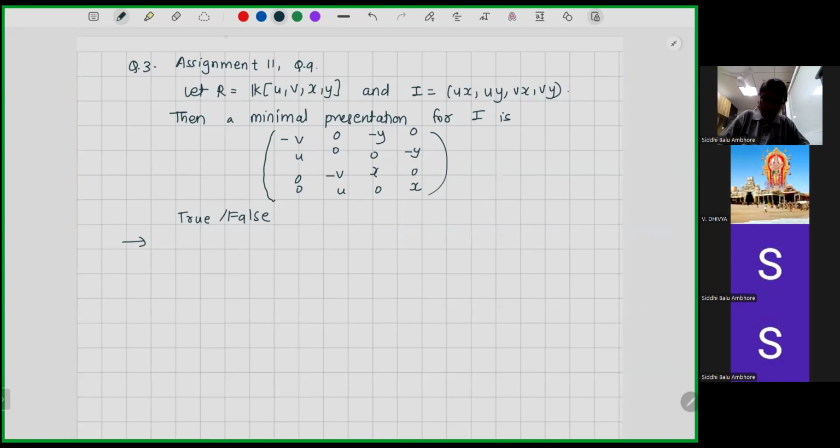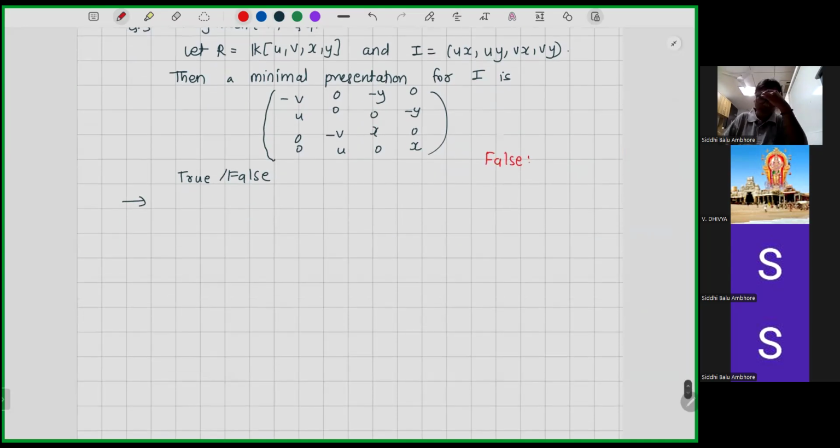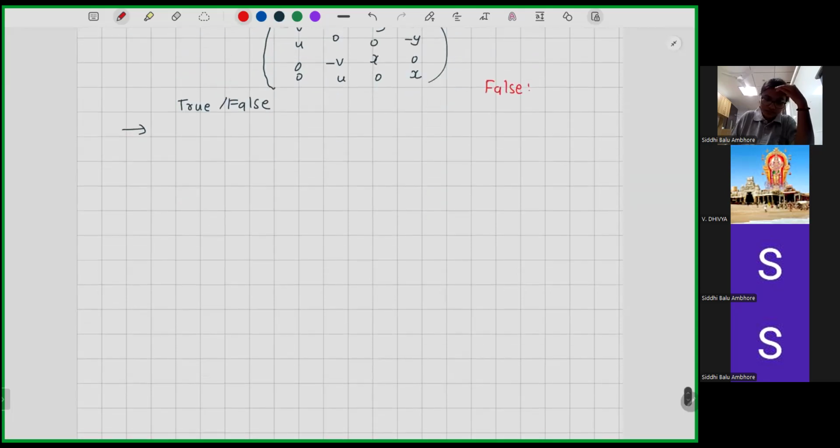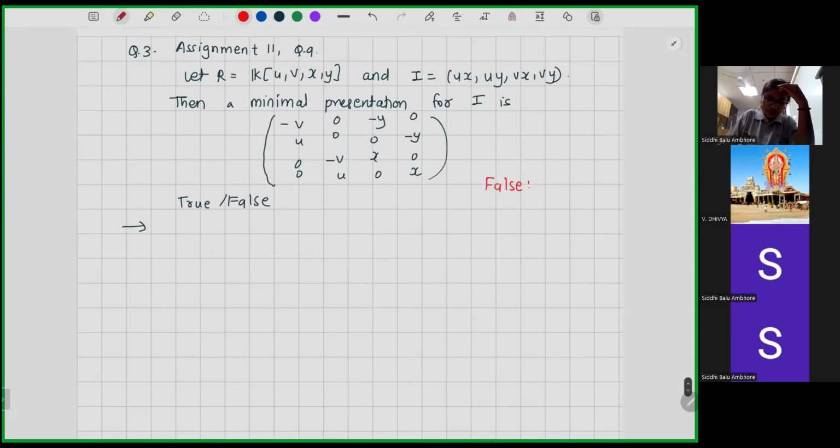This is false because from the first row itself, no. Let us check this. This matrix into ux, uy, vx, vy. It is minus uvx. And here the third term becomes minus vxy.